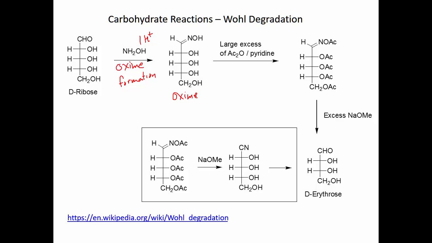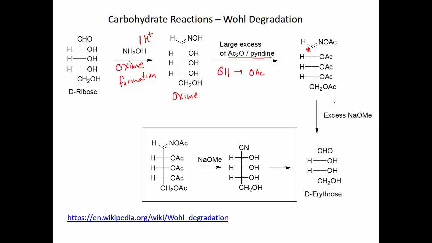Okay, we're now going to treat this with a large excess of acetic anhydride and pyridine, and this is going to turn every OH group into an acetate ester, including the OH group on nitrogen. Okay, so this is what we're going to get from this process. And now when we hydrolyze this, what you find here is that you're actually going to lose this carbon.